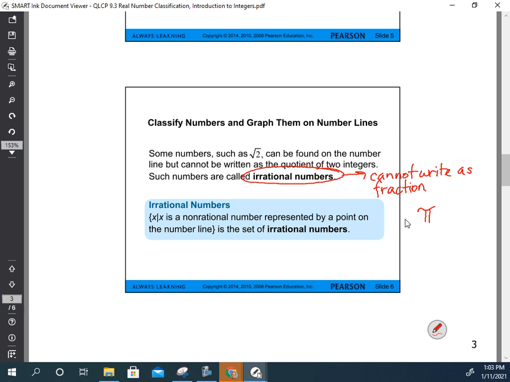Pi is probably the most common irrational number. They tell you that it's 3.14 just to give you an estimate. But that number can't be written as a fraction. We try to, just to make it easier on ourselves. We give you 3.14 just to make it easier for you.